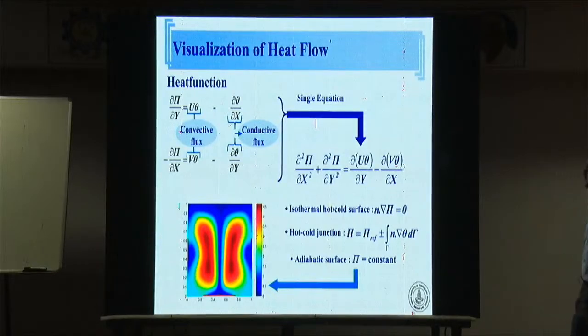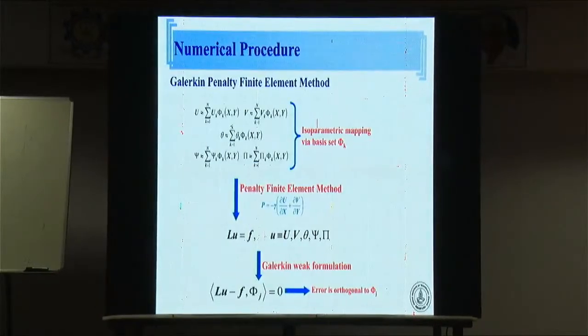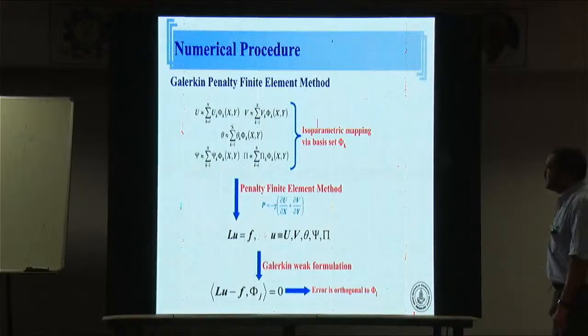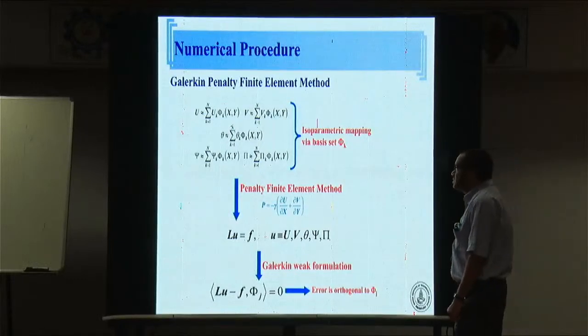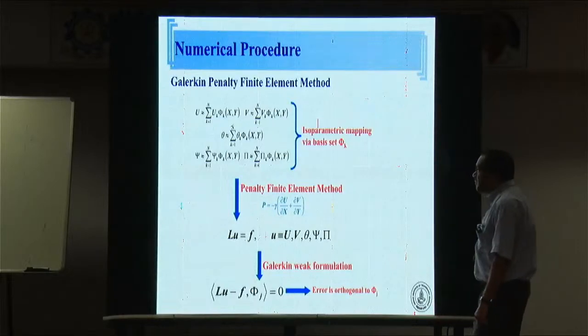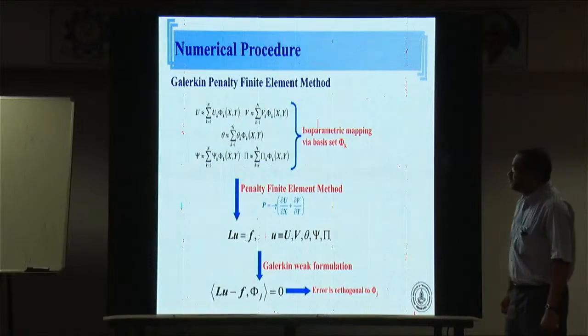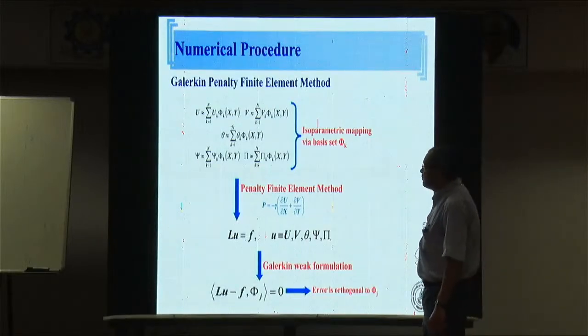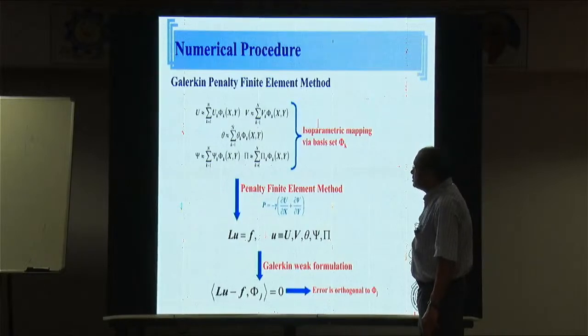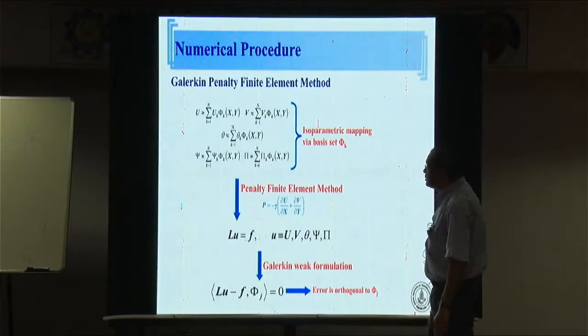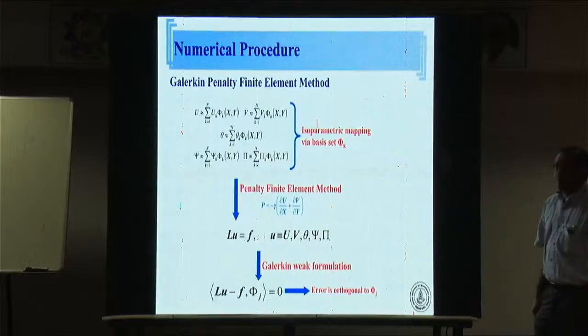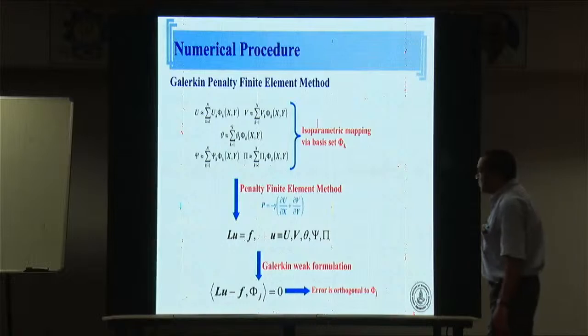Next slide please. So, the numerical procedure: the Galerkin penalty finite element method. We have the velocities, u component, v, and θ component, ψ is the stream function, Π is the heat function. The Galerkin finite element method talks about the velocity, or any field variable, being approximated with the basis function, and of course we have the penalty finite element method.